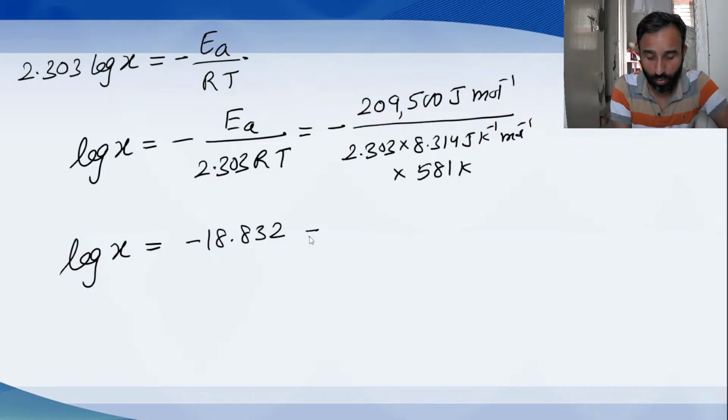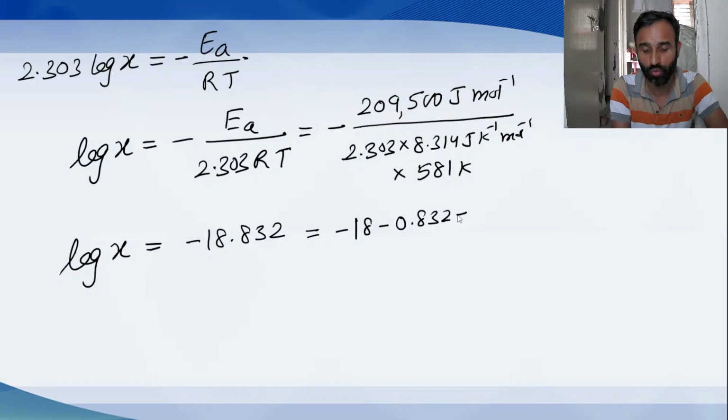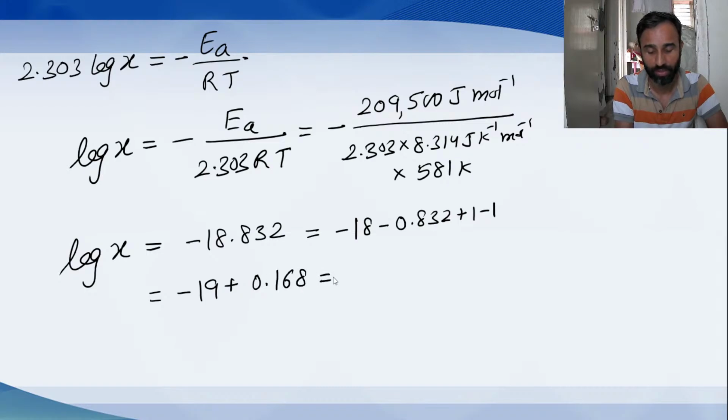Now make the mantissa positive. Minus 18 minus 0.832, plus 1 minus 1, means it becomes minus 19 plus 1 minus 0.832, that is 0.168, so 19 bar 0.168.